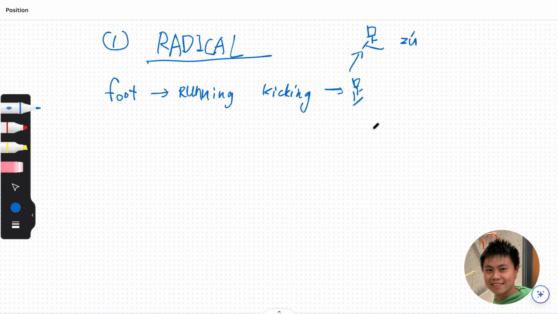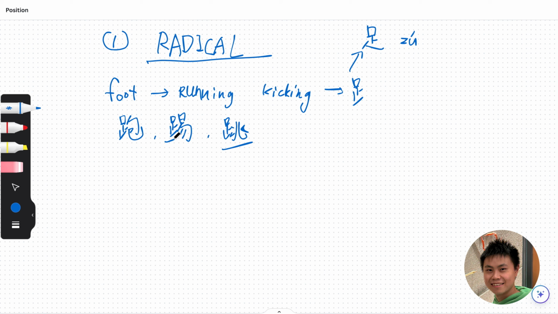Okay, so to give you a few examples, like running, you use foot. Kicking, you use foot. Jumping, you use foot to jump, right?